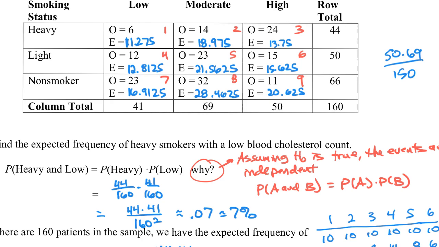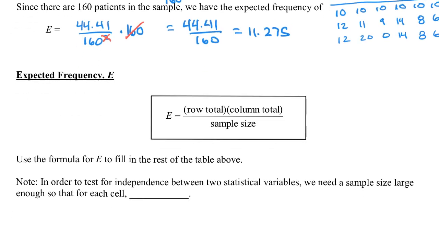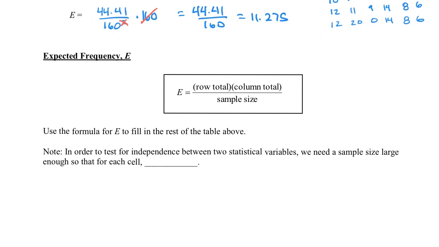Okay, so let's look down here a little bit. We've got our formula here. And then this just mentions to use the formula to fill in the rest of the table above, which we did. And there's a little note here. In order to test for independence between two statistical variables, which is what we're doing, we need a sample size large enough that for each cell, the expected number is greater than or equal to 5.